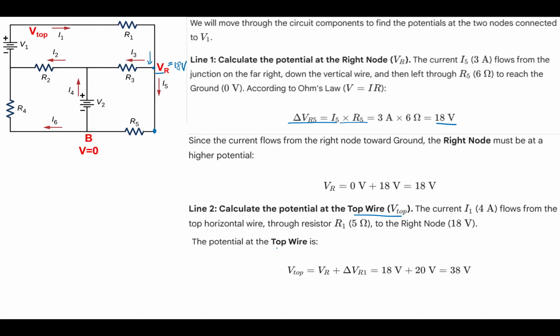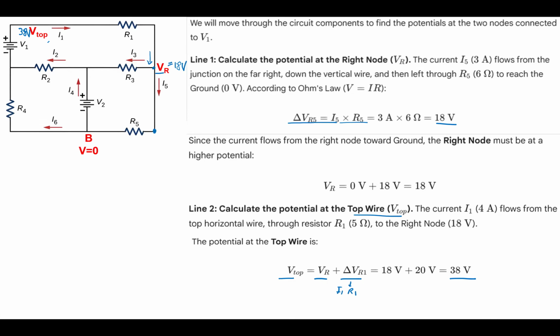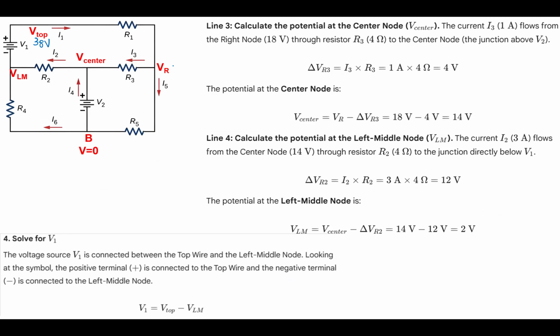So the potential at the top wire, V top, is VR plus delta VR1, which is I1 times R1. Okay. And then it is 38 volt. Okay. This is 38 volts.